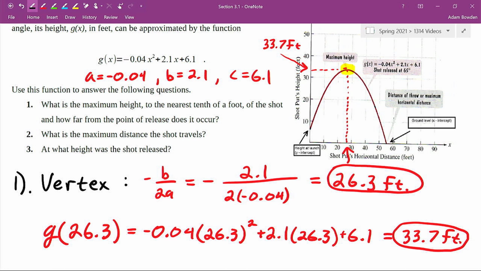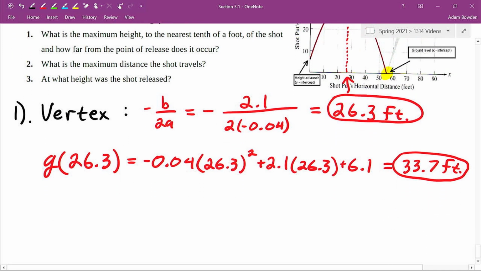Second part says, what is the maximum distance the shot travels? So now we want to know, how far was it until it hit the ground? That is going to correspond to the x-intercept, since our graph is set up where the x-axis is basically the ground. So let's figure out what the x-intercept is here.